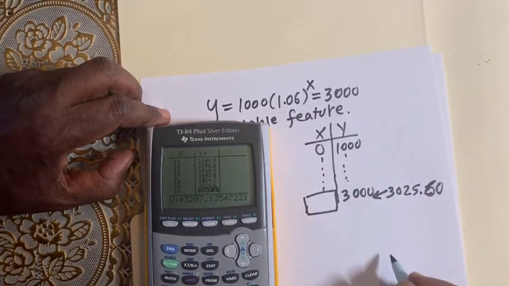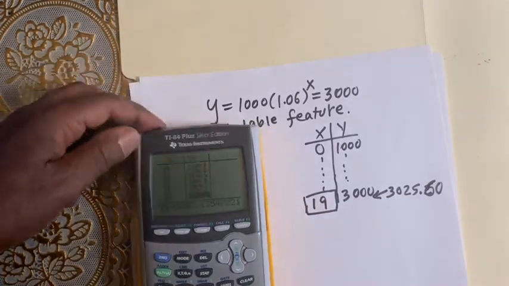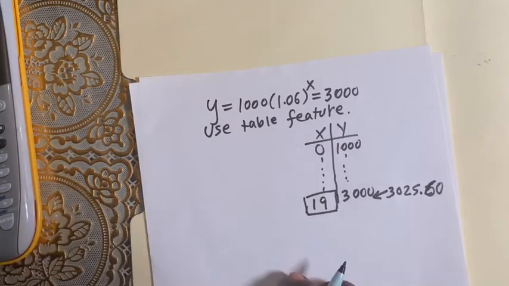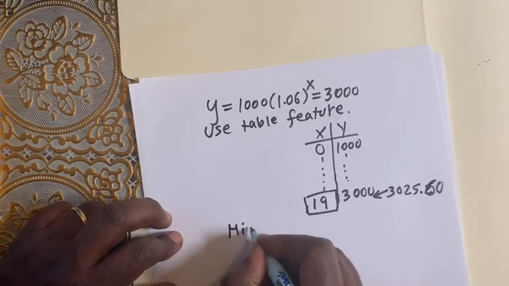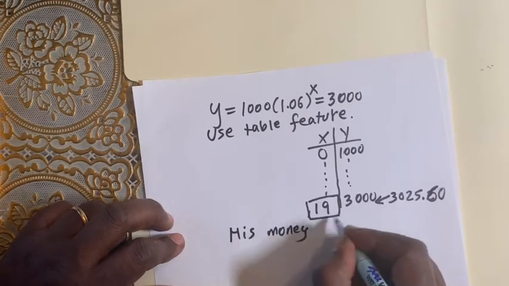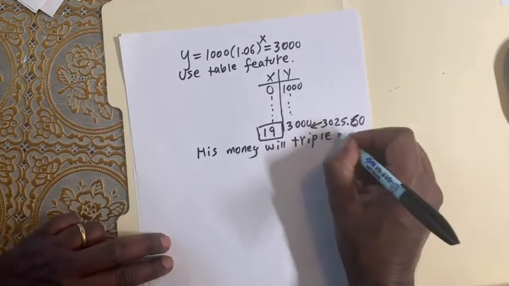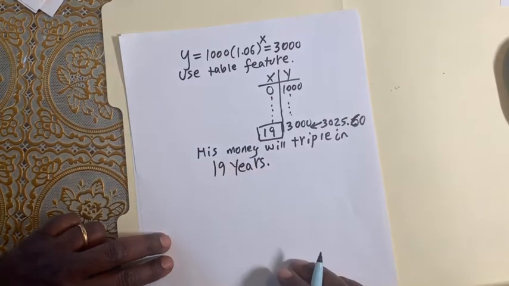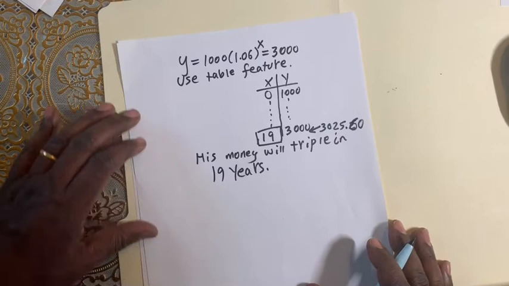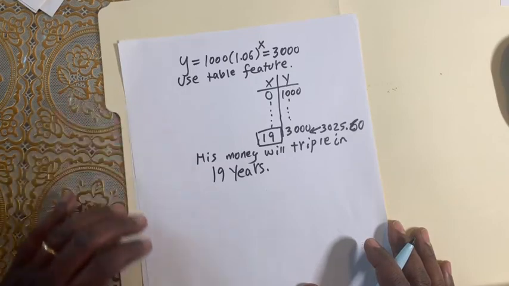So this is the closest number to 3000, when x is 19. So, find how many years it requires for his money to triple. I can say his money will triple in 19 years. So the amount which was 1000 with a growth rate of 6% will be 3000 in 19 years.